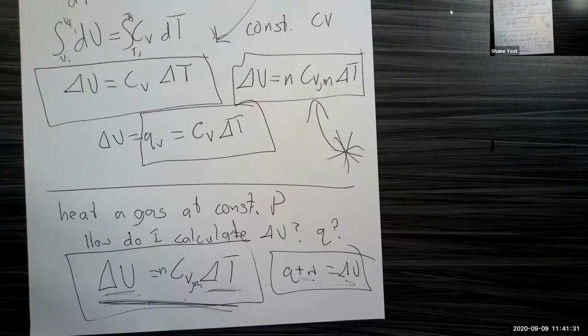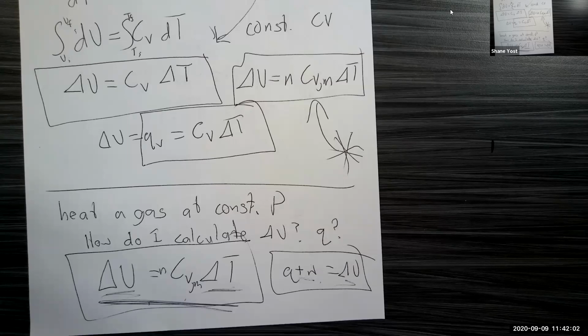Because that CP, the heat capacity for constant pressure conditions, includes the expansion energy that goes into heating your gas under constant pressure and changing its volume. And so the total heat being transferred is not related to the total internal energy change. So CP does not work for gas. Specifically CV for delta U.